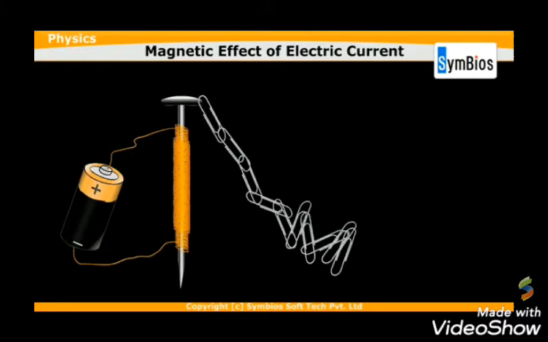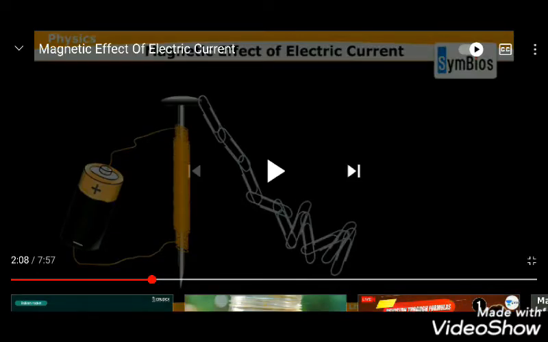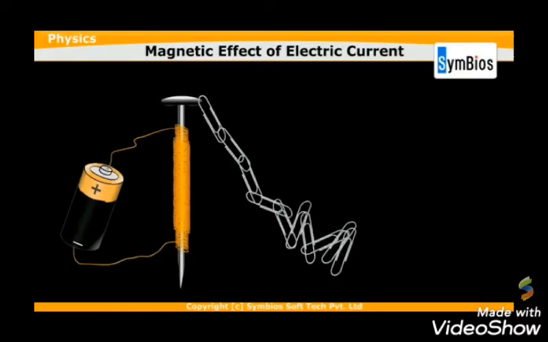As long as current is passing through it, the nail acts as a magnet, and it attracts iron or alloys of iron, that is, ferromagnetic substances. So by this we can understand that the current carrying wire can act as a magnet as long as current is passing through it. This is nothing but the magnetic effect of electric current. This is the principle of that.